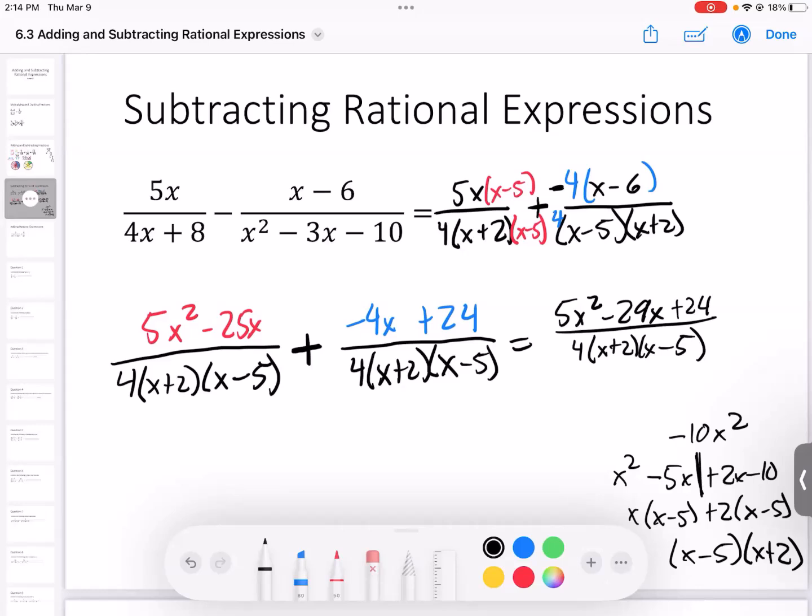No, it's not 90. 120, I think. So we get 120 x squared. Is there anything that multiplies to 120 and adds to negative 29?